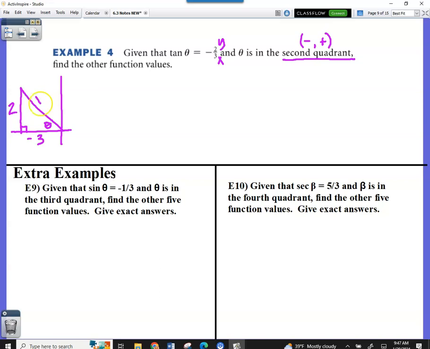Pythagorean theorem, you should have come to root 13. And then you would find your 6 trig functions. So does anybody need me to finish working now? You can find sine, cosine, tan, and then secant, cosecant, cotan.